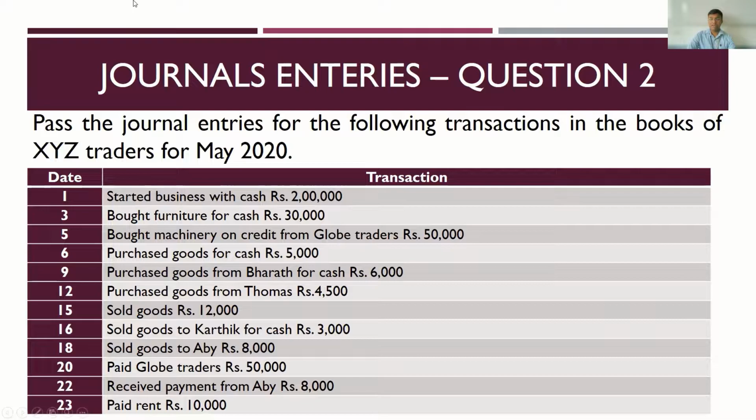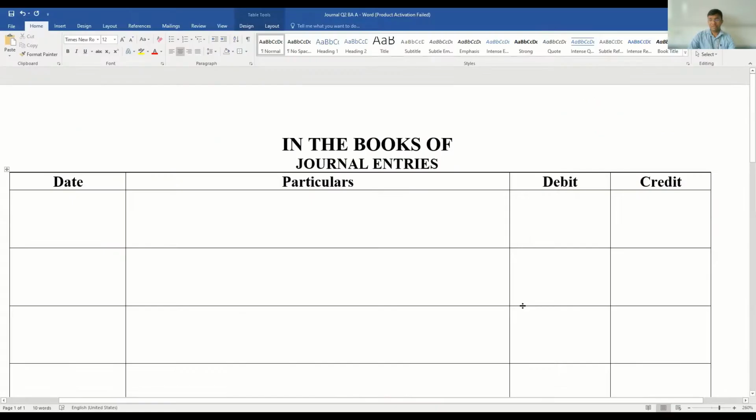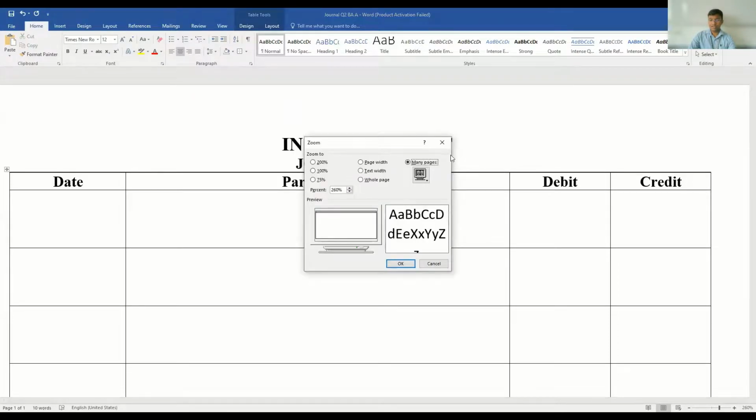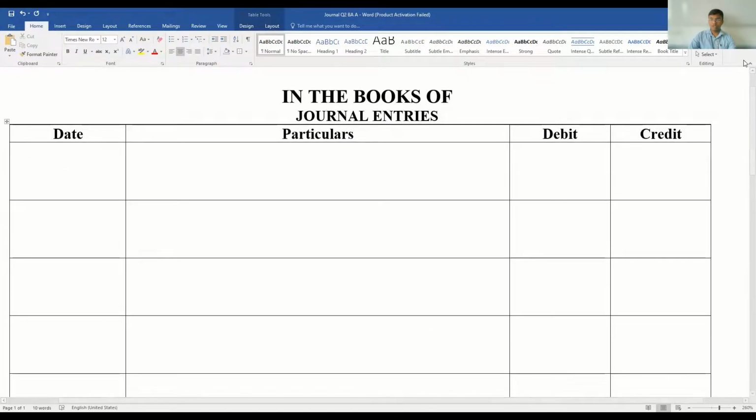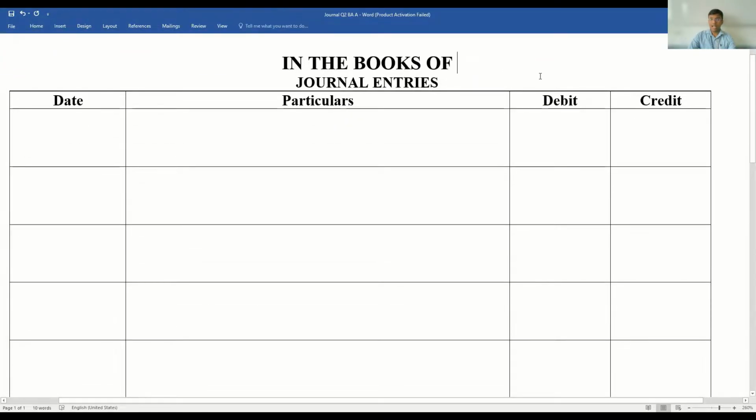Now we will have to prepare the format of the journal and pass the entries for these transactions. So let's do that right now. I've got the format of the journal prepared over here, and right on top we will have to write in the books of whom these books of accounts belong.